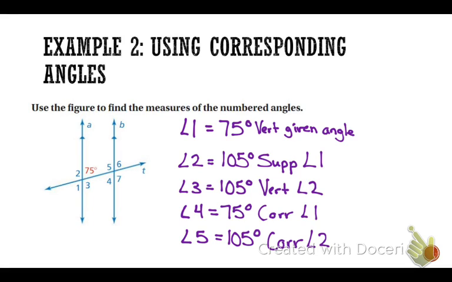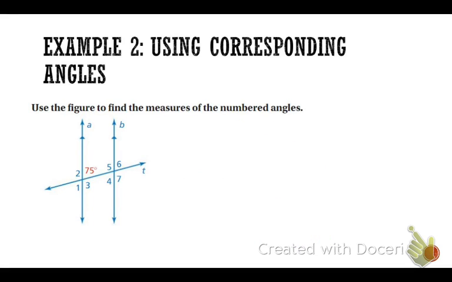Okay? What about 6, guys? What about angle 6? 75. Okay, it's 75, and why? Corresponds with 75, or I could say it's vertical to 4 because I already know what angle 4 is. I could say it's vertical to angle 4 or supplementary to angle 5.